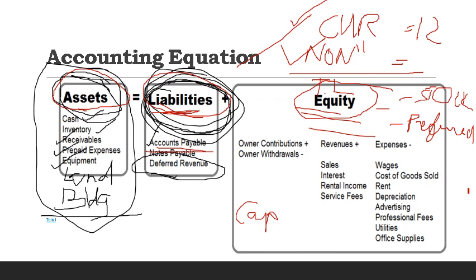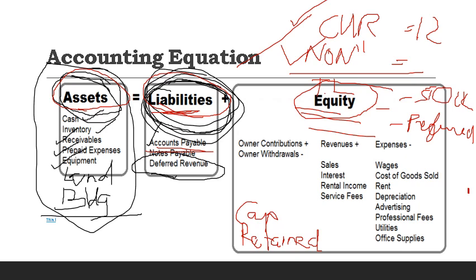And there is also retained earnings. Retained earnings are any profit that owners decided to keep in the company for future spending rather than pay out to themselves.